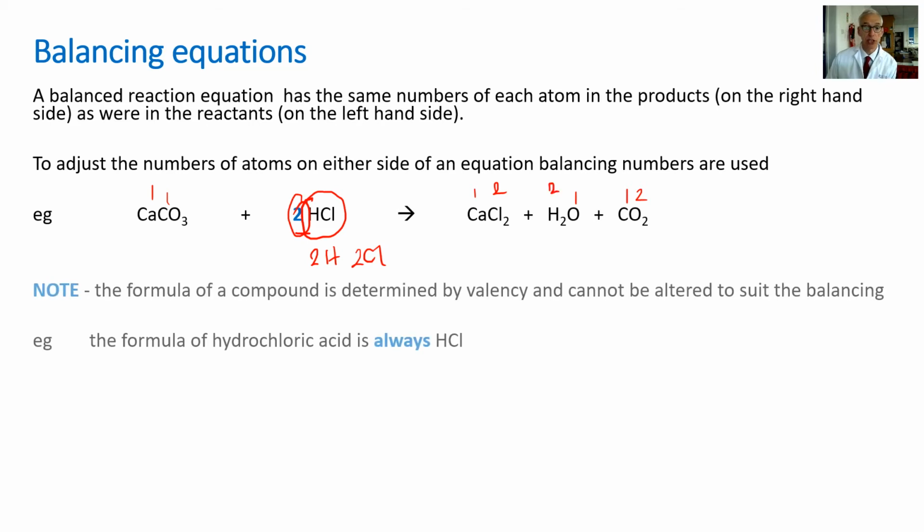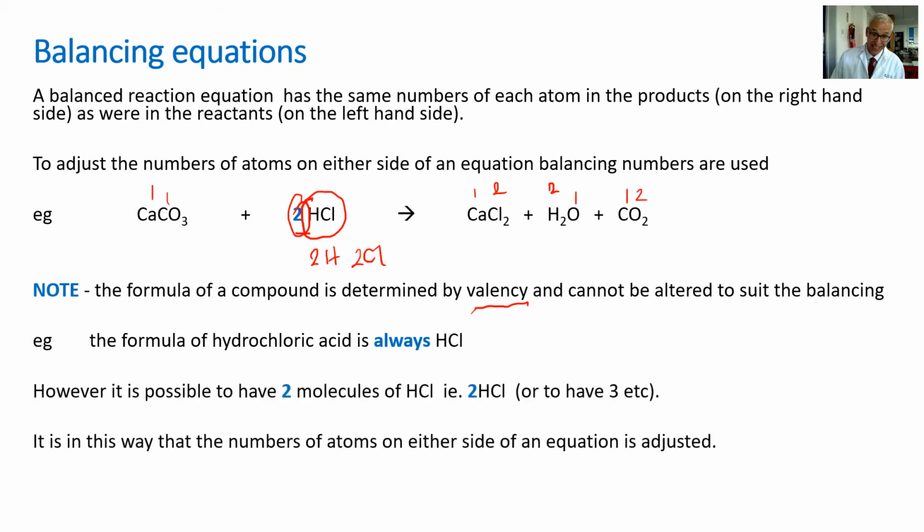I am balanced. So one thing I didn't do when balancing was change the formula of the compound. The formula of the compound is determined by bonding theory, or alternatively a theory of valency. So the formula of hydrogen chloride is always HCl, regardless of which equation it appears in.